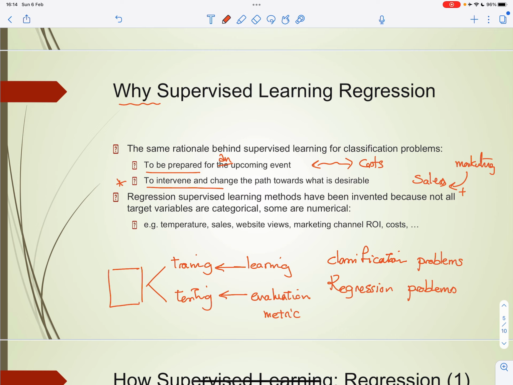Regression supervised learning methods have been invented because not all target variables are categorical, some are numerical. So the supervised learning classification problems are not covering all the problems that we might face.